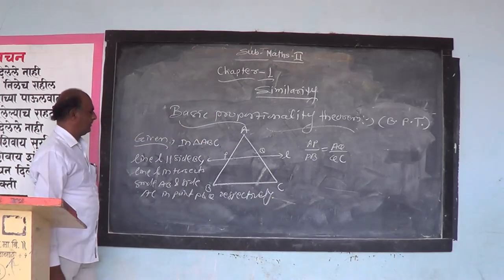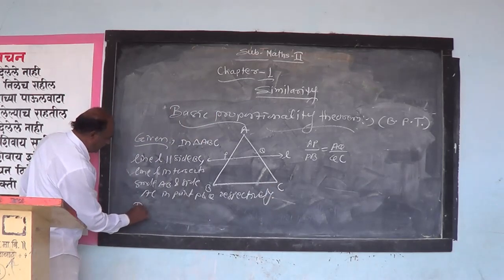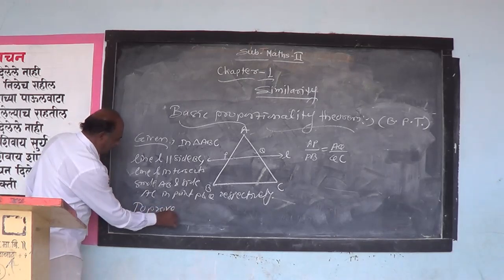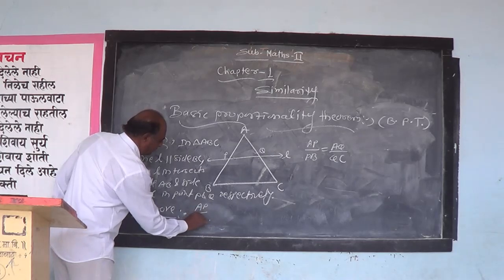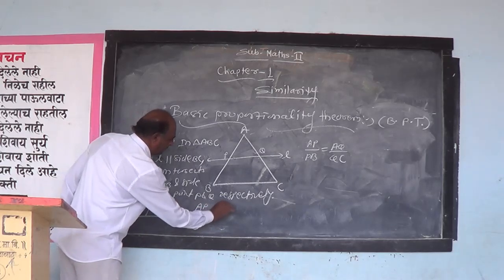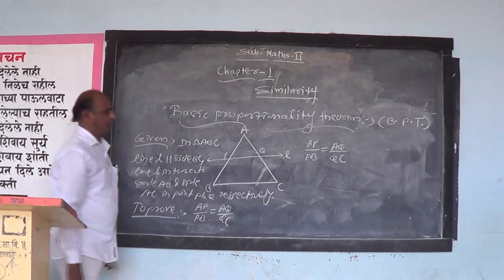To prove: AP upon PB is equal to AQ upon QC.